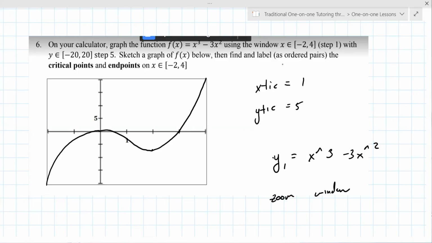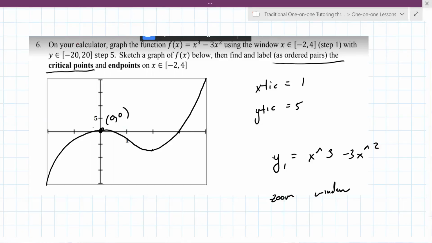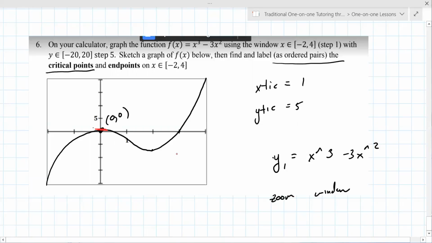But then we need to label as ordered pairs the critical points and the endpoints. So for me, there's a critical point right there at 0, 0, because the horizontal tangent is there. There's a horizontal slope there. There also appears to be one at x equals 2, right here.